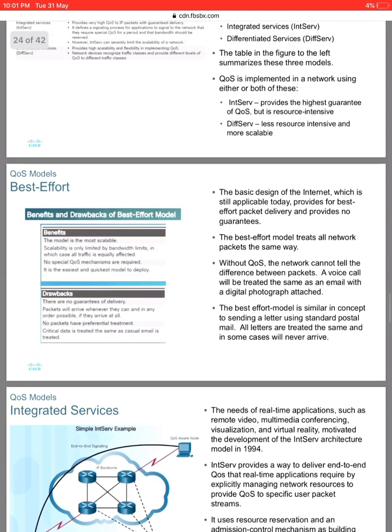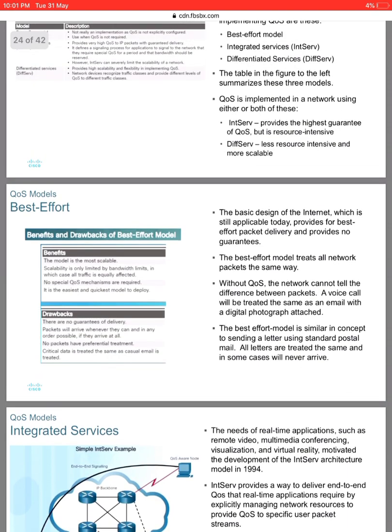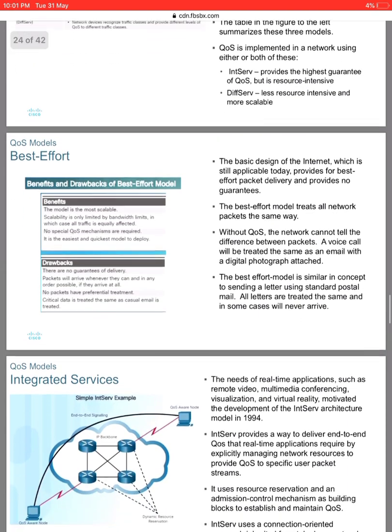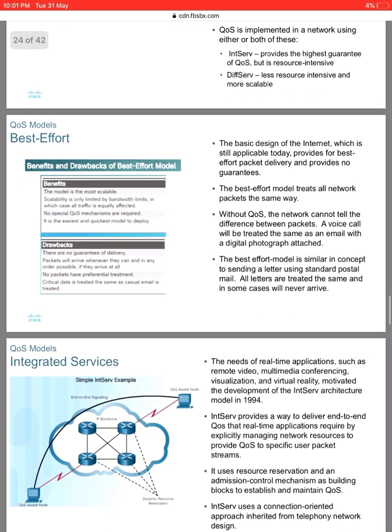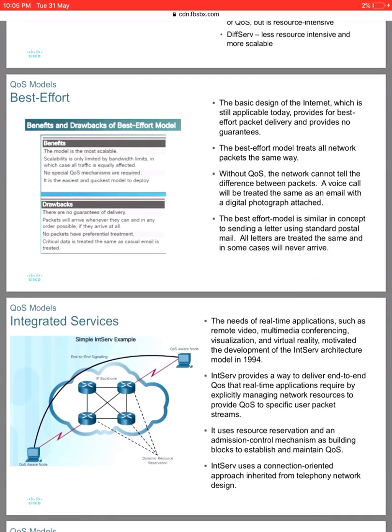QoS is implemented in a network using either or both of these. IntServ provides the highest guarantee of QoS but is resource intensive, and DiffServ is less resource intensive and more scalable. The best effort model is the less commonly used model and is the most simplistic by far.